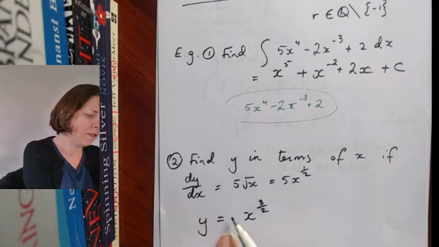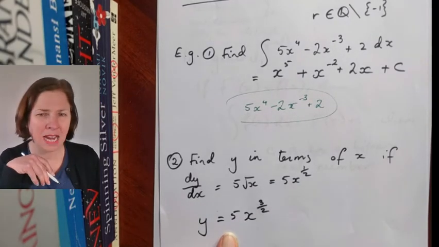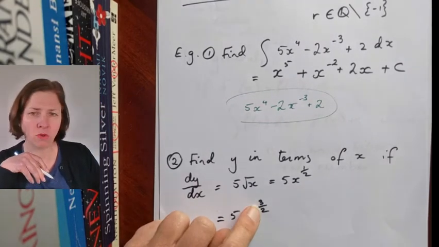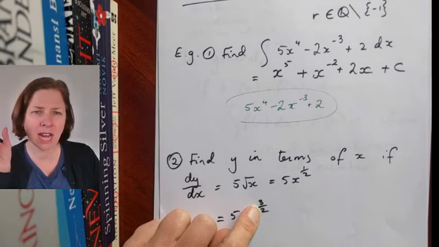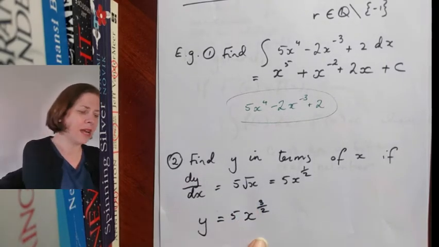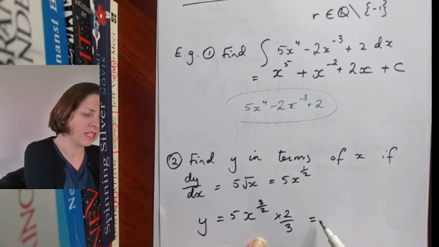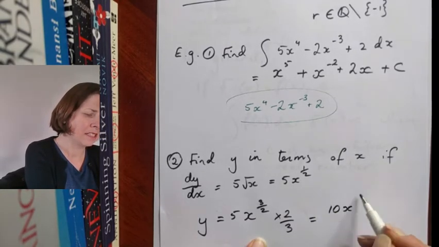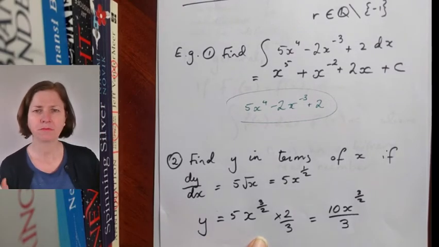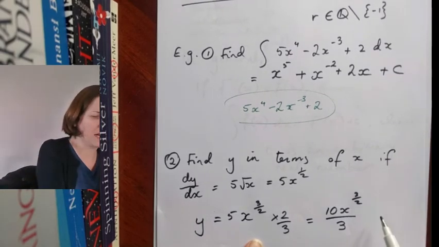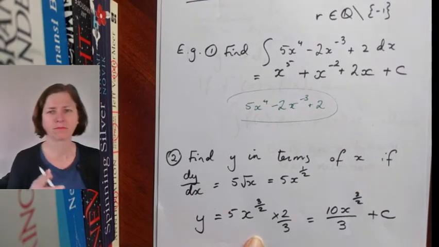Keep my 5, but I need to divide by 3 over 2, the new power. Well, dividing by 3 over 2 is the same as multiplying by 2 over 3. So that's going to give me 10 x to the power of 3 over 2, all over 3. And don't forget, I need my plus c.